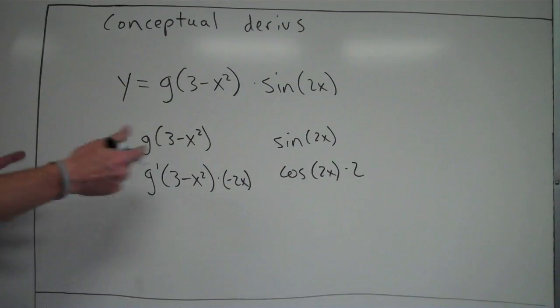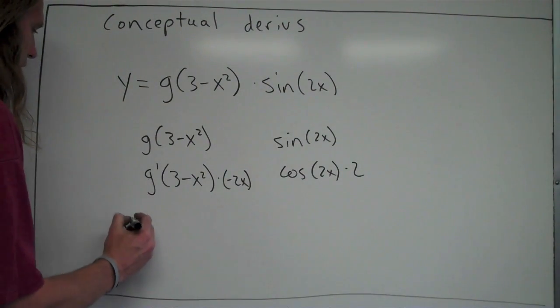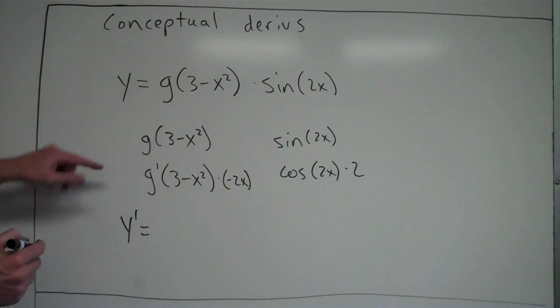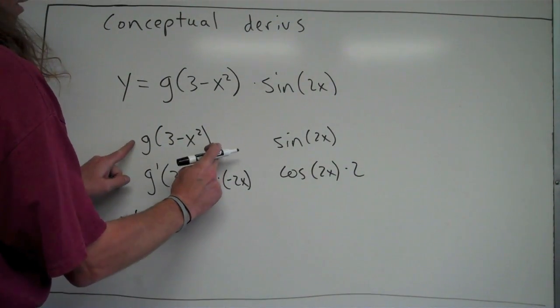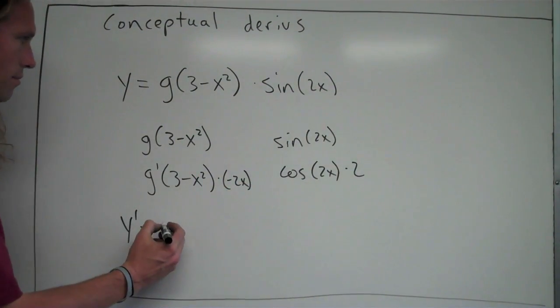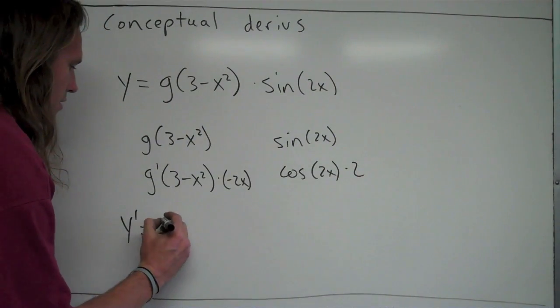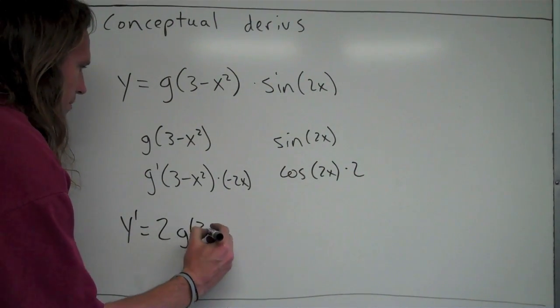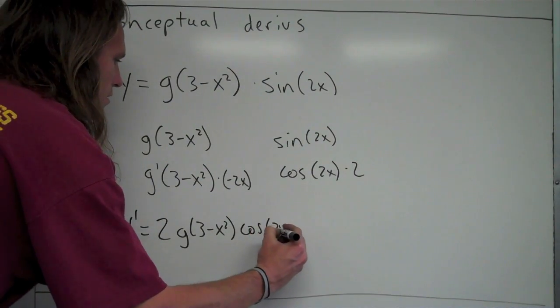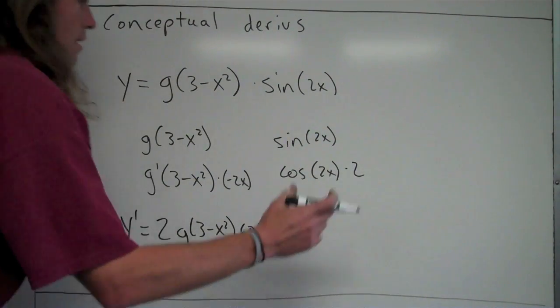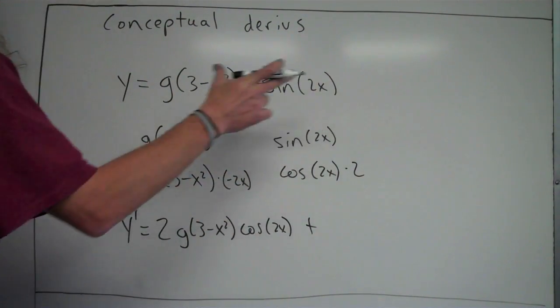So now I'm just setting up so I can apply the product rule. My derivative would end up being this function times the derivative of this one. So it's the g one right here times the cosine one. I'll put the 2 in front: 2 times g of 3 minus x squared times cosine of 2x, plus, and then I'll do the sine function times the derivative of the g.